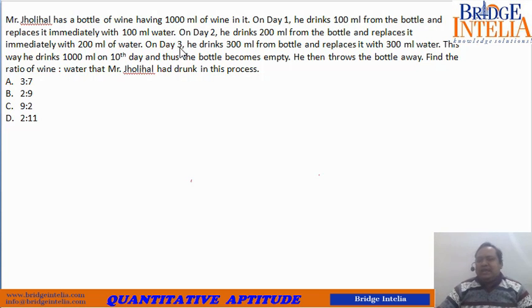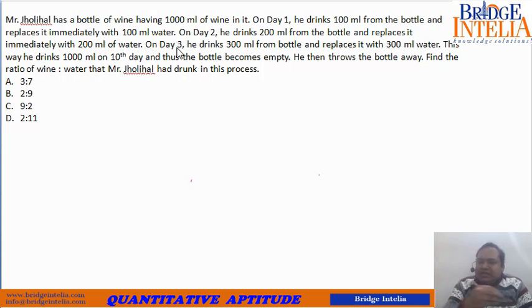On day 3, he drinks 300 milliliters from the bottle and replaces it with 300 milliliters of water. So this way he drinks 1000 milliliters on the 10th day, and thus the bottle becomes empty. He then throws the bottle away. Find the ratio of wine to water that Mr. Jholihal had drunk in the process.